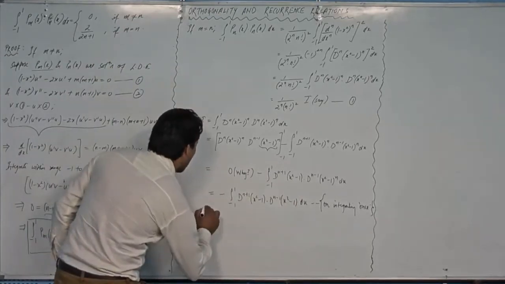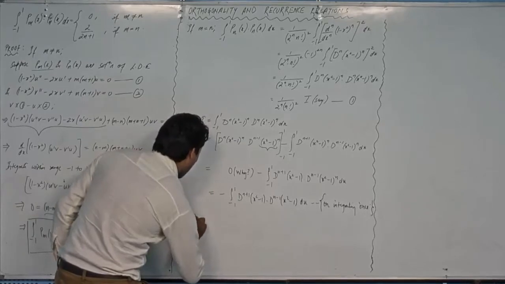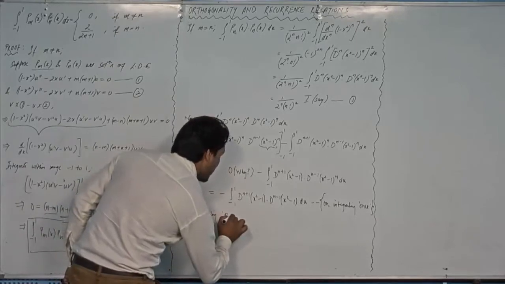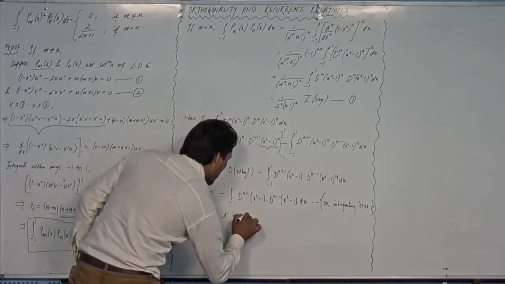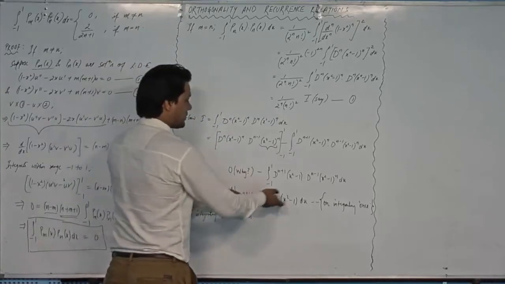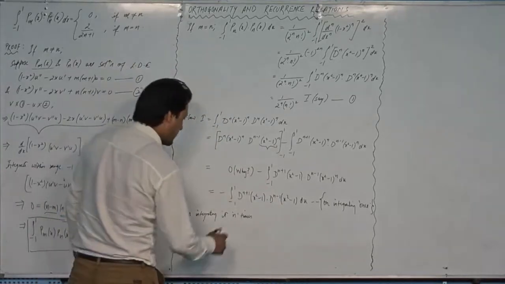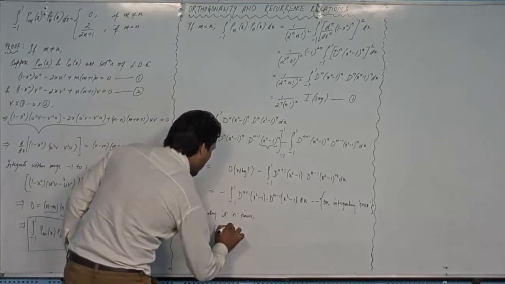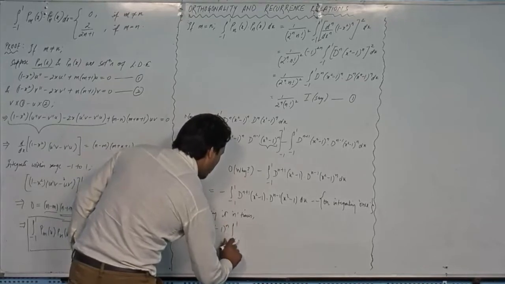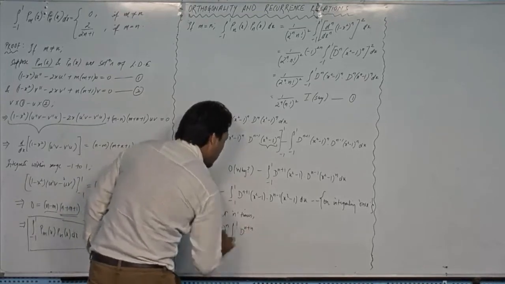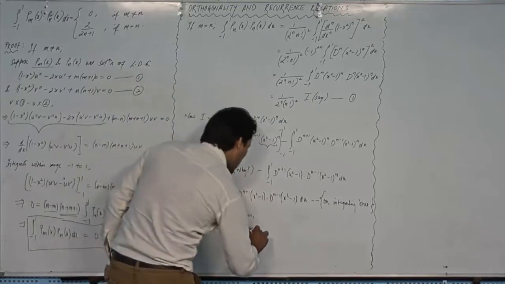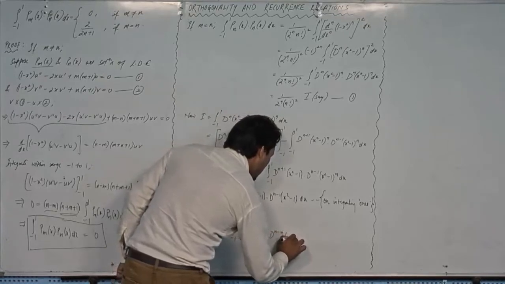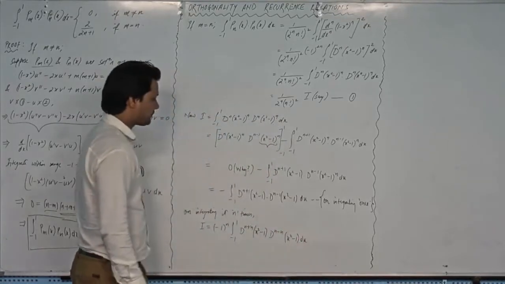So generalizing it, on integrating it n times, or should I say on applying that rule of integration by parts n times, we'll get I equal to minus 1 to the power n, integral from minus 1 to 1 of d^n (x square minus 1)^n, where 1 will be replaced by n, d^n of (x square minus 1)^n dx.